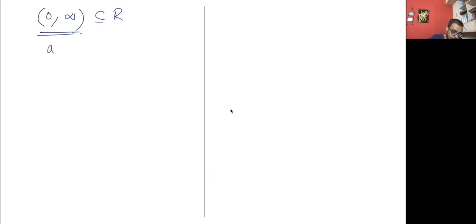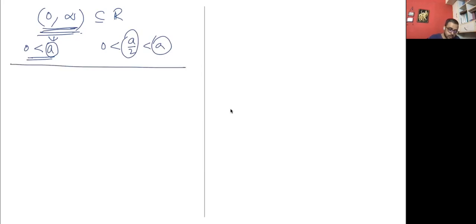Because any element here is strictly bigger than A, and this cannot be the smallest element because we have seen this. So there would be something in this set again, which is smaller than this. So this does not have a smallest element. So that is a special property: subsets of N have this special property.